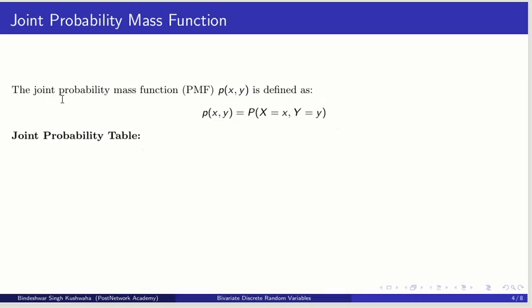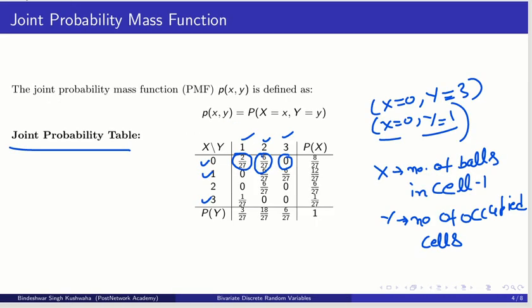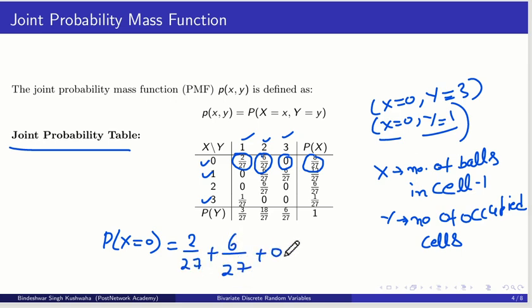Here again I am showing you how it has happened. For X equal to 0 we will add all: 2 upon 27 plus 6 upon 27 plus 0, that would be 8 upon 27.